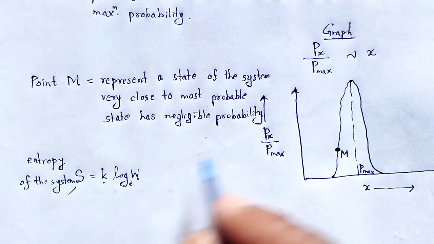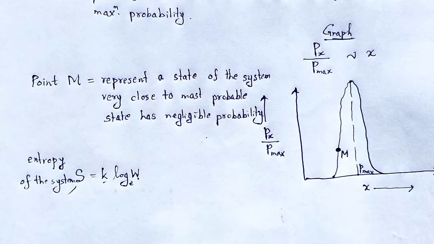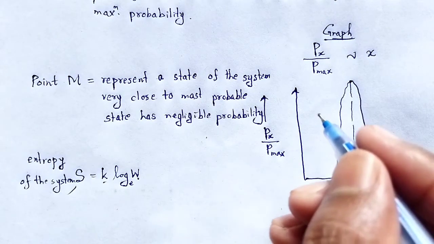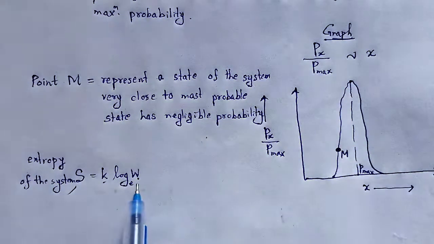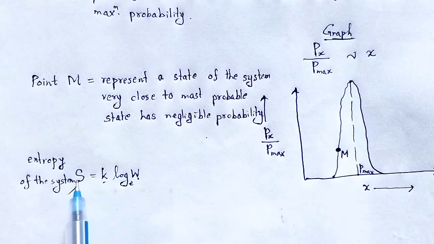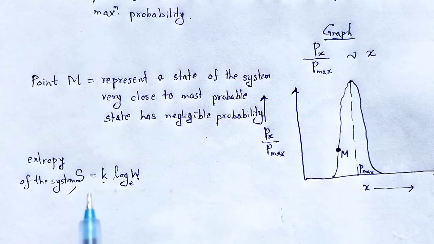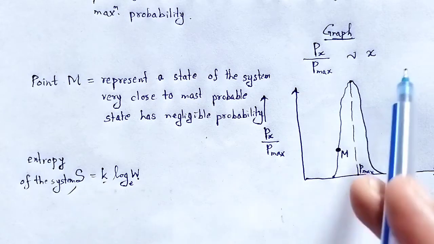As W increases, S also increases, since S is directly proportional to W. When the system comes back to the state of maximum probability, W will become maximum, hence S will become maximum and constant.